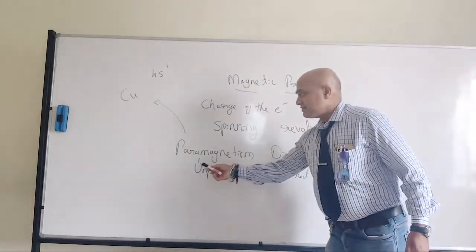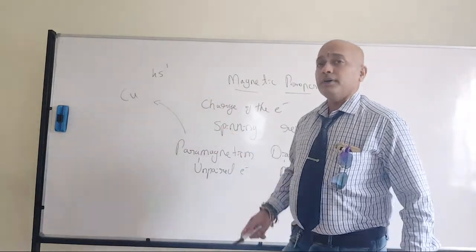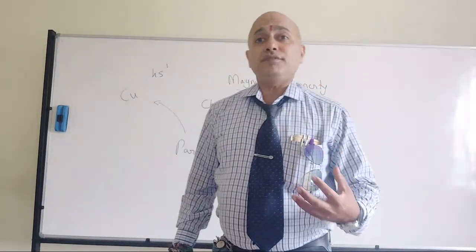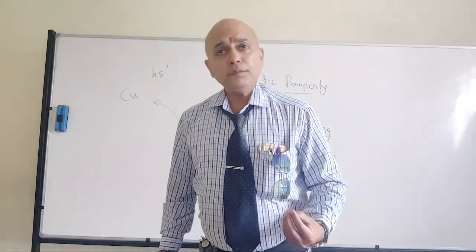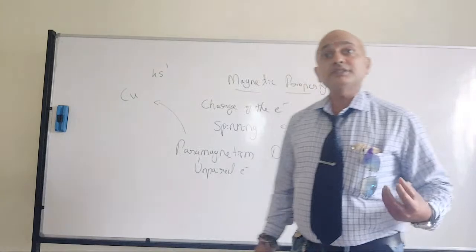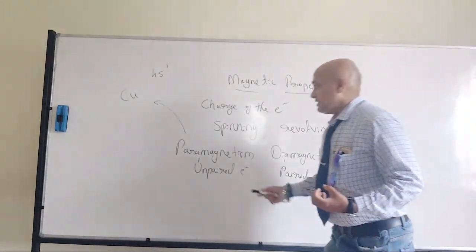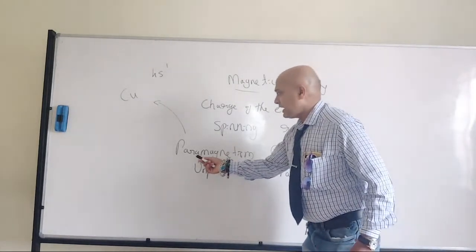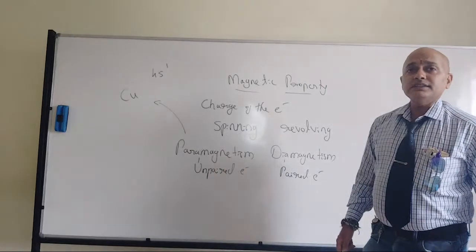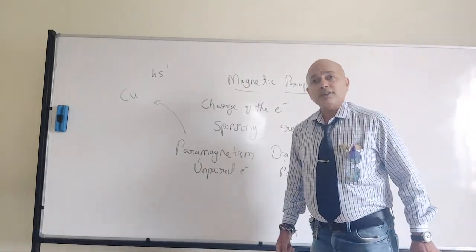So, for example, copper only. Now, the reason is very simple. Although we have one unpaired electron in copper, that may not be enough to show the magnetic property. Got my point? Even nuclear force is also going to count. So in the general way we can tell, it's not wrong, that paramagnetism will be shown by those elements which have unpaired electrons.